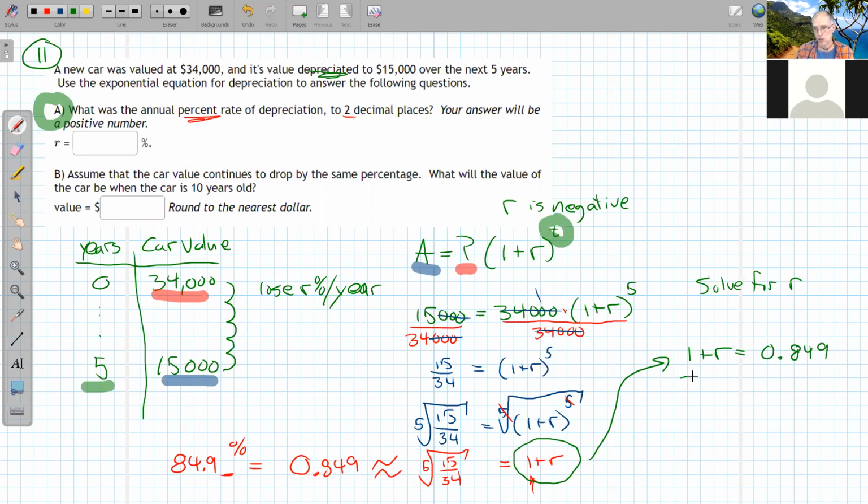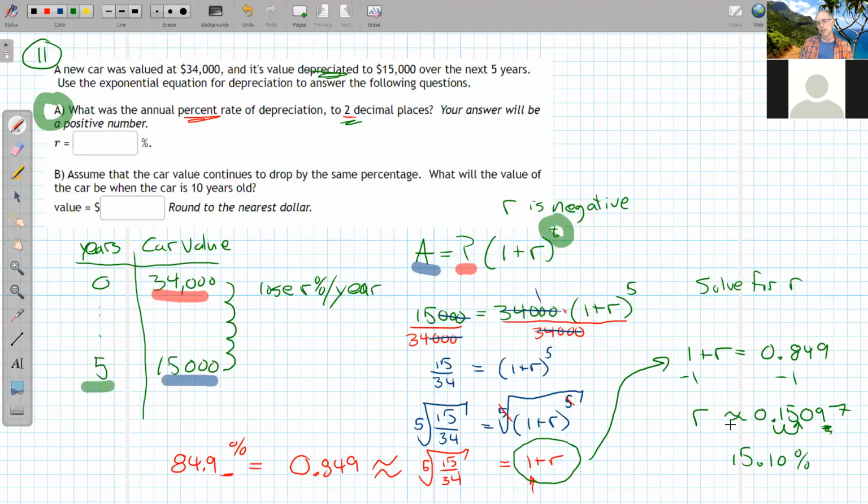Then I had to subtract 1 from each side, and that gave me R was about 0.15097. And we need to convert it to a percent and round to 1 decimal place. So as a percent, in this case, it's 15.10%, rounded to, sorry, 2 decimal places.